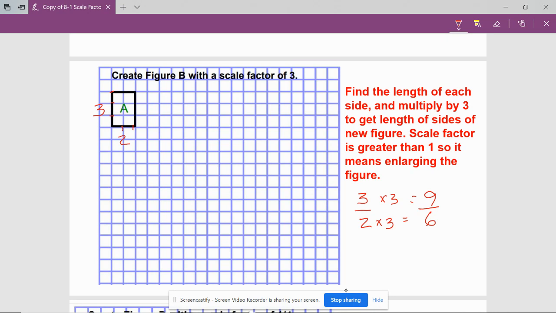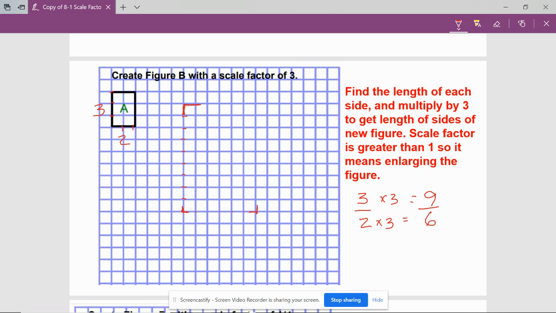So if we look at our new shape, let's start right here. We're going to go 1, 2, 3, 4, 5, 6, 7, 8, 9. So we're going to go down to here, and then we're going to go 6 to the right. So 1, 2, 3, 4, 5, 6.